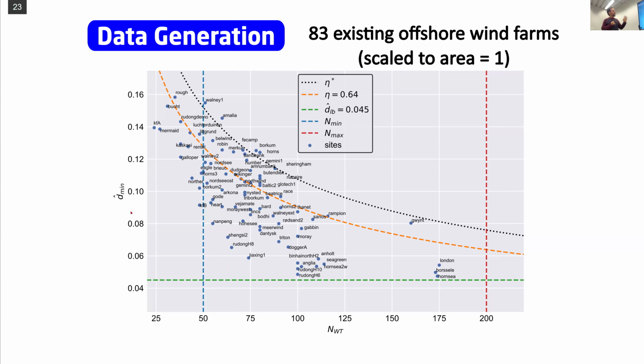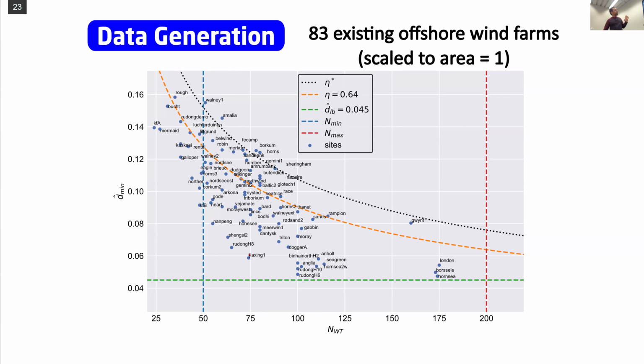And here is the number of wind turbines. So I'm looking at sites up to 200 wind turbines. There are not a lot of very big sites like this. They are mostly in that area. And if I normalize all the sites to have the same area, which is arbitrarily set to 1, then the minimum distance becomes unitless. So it's just a reference number.